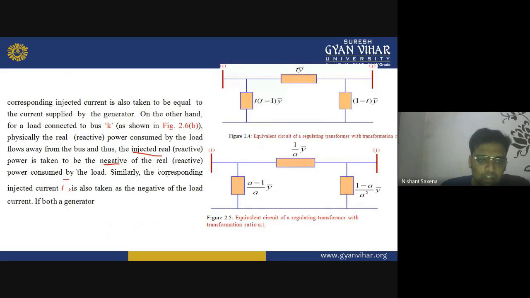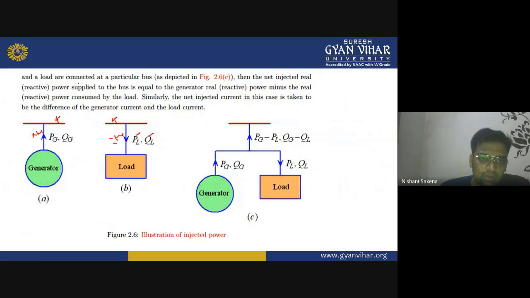Similarly, the corresponding injected current IK is also taken as the negative of the load current. If both the generator and the load are connected at a particular bus, as depicted in this figure, then the net injected real and reactive power supplied to the bus is equal to the generator real and reactive power minus the real and reactive power consumed by the load.